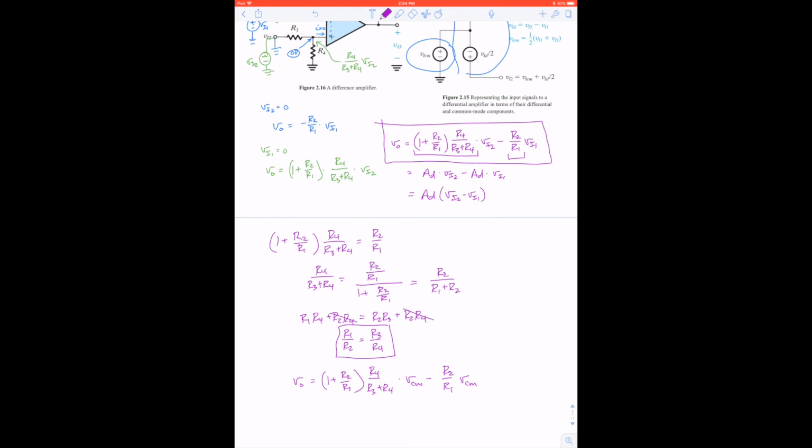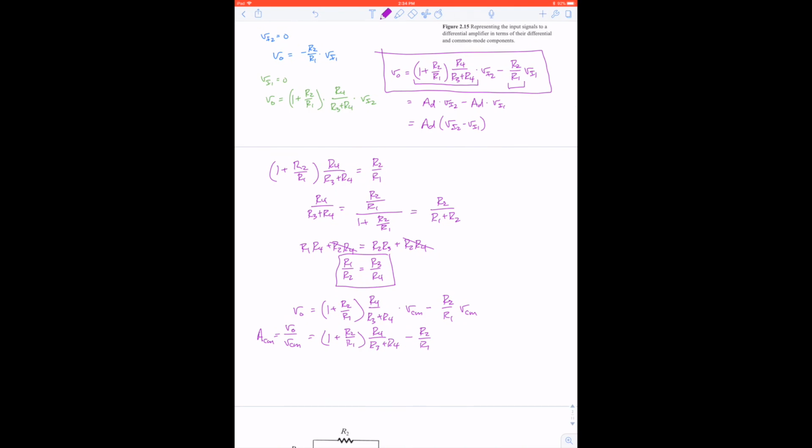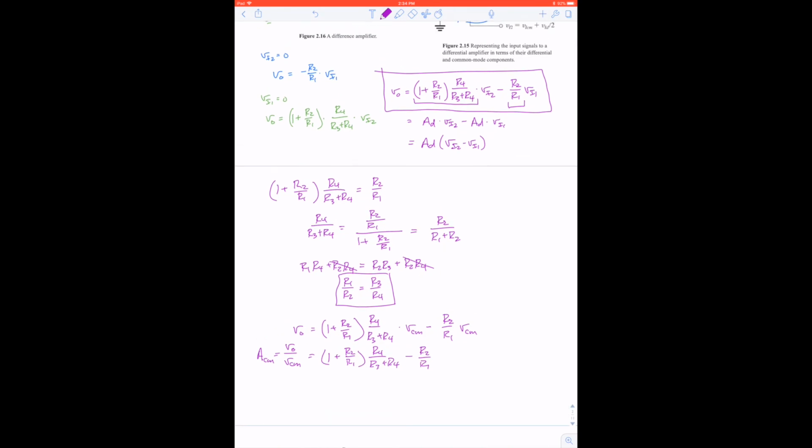And so the common mode gain we can just write like this, and that allows us to solve for the common mode gain.